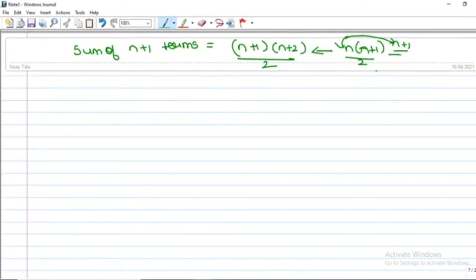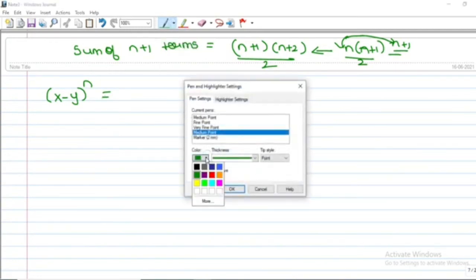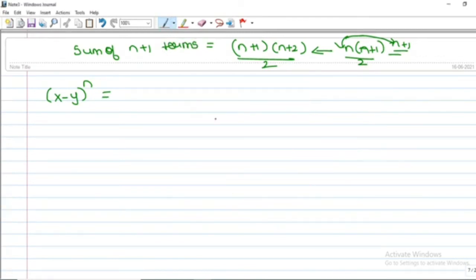Now there is a general term which I mentioned to you. Now just see the expansion of this with a minus. Here nothing great has happened, just y is replaced by a minus sign. Okay, now the trouble begins here. You have to be very careful when it comes to the x minus y power n expansion.